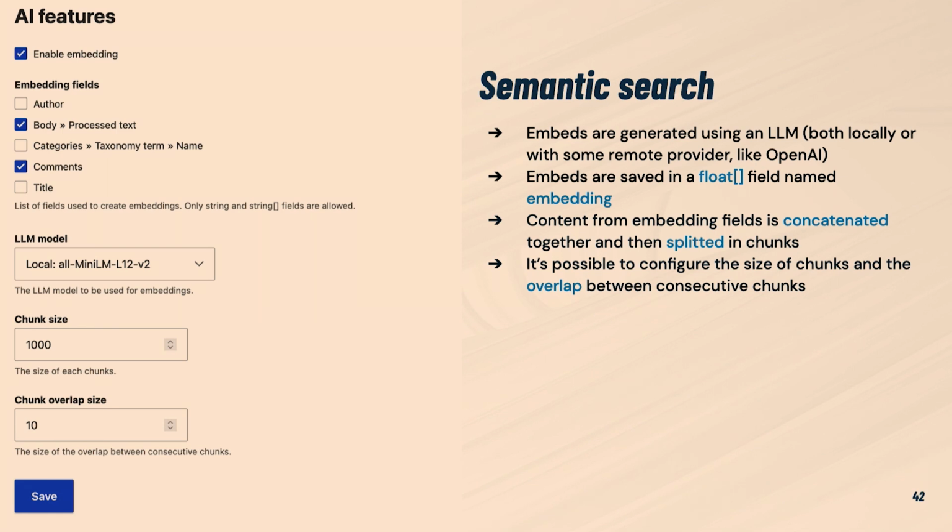And you can set how much one chunk overlaps the previous one, because maybe a specific concept is in the middle of two chunks, so you don't want to lose that meaning. Okay, with this configuration, the Typesense server automatically creates vectors for you, indexed in the documents along with the contents.